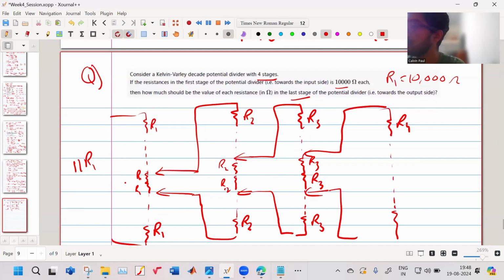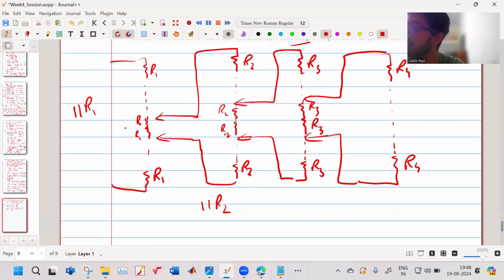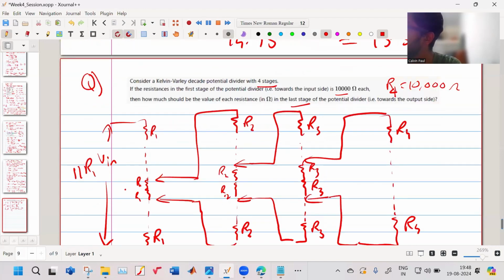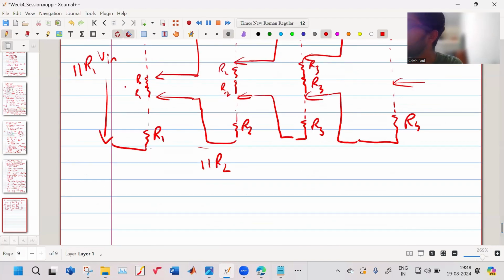Okay. This actually is your R4, the final stage. So this is where your V in will come. There will be some plate, some output from here. With respect to this, you will get your V output. Okay.